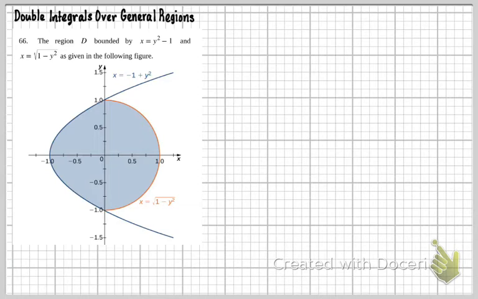Now when I think of that upper and lower, I ask, is the one function, this one here, above the other function on the whole interval from -1 to 1?